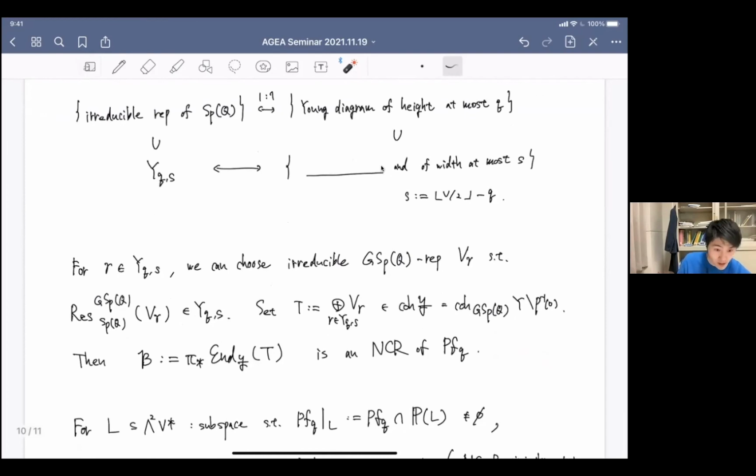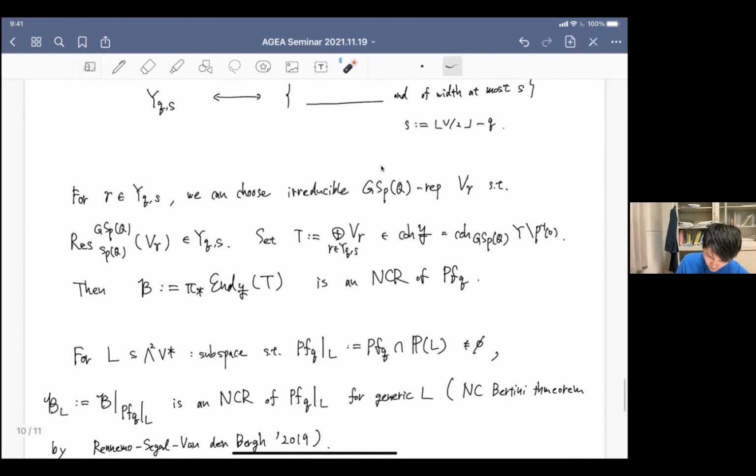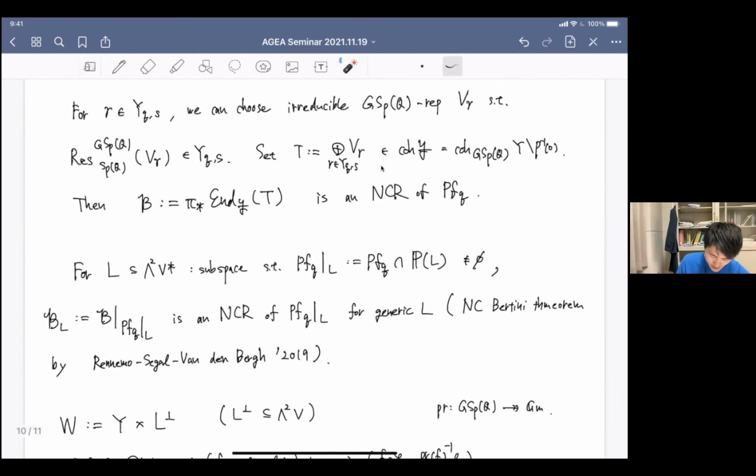Then B is the direct image of the sheaf of endomorphisms of T by the morphism pi. This is a non-commutative resolution of the Pfaffian variety. And let L be a subspace such that the linear section of the Pfaffian variety is non-empty.